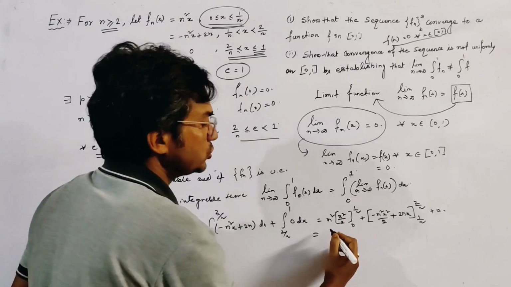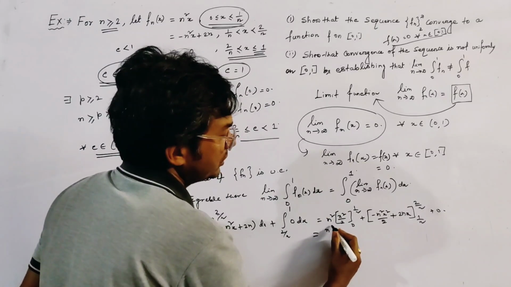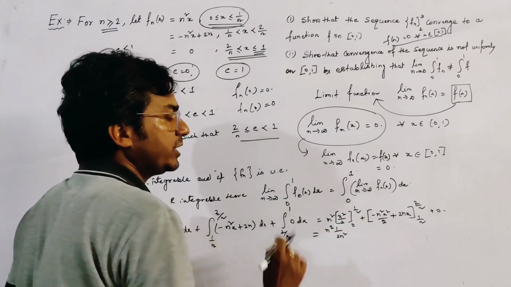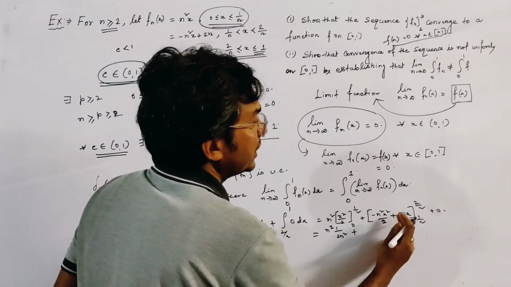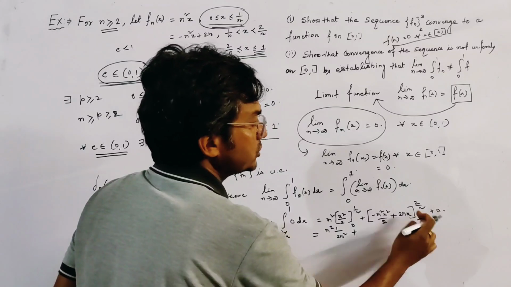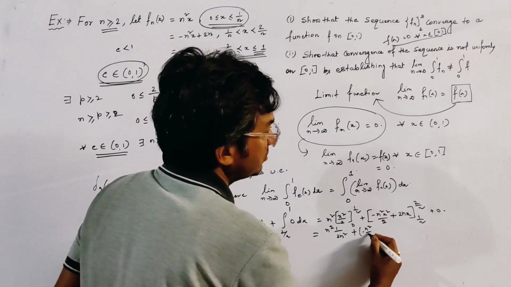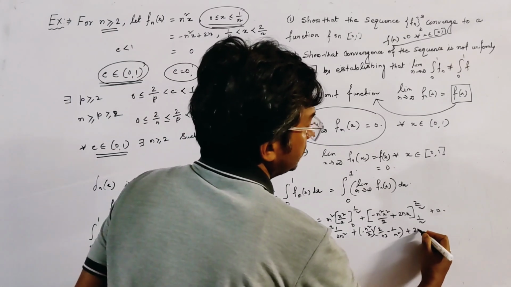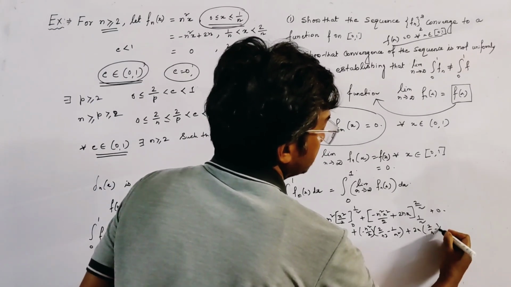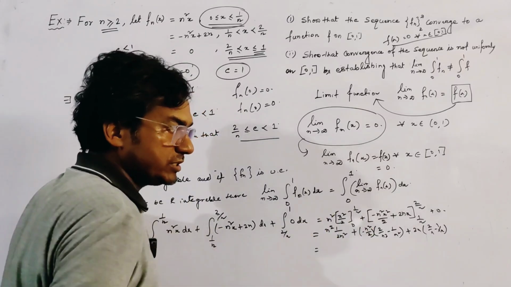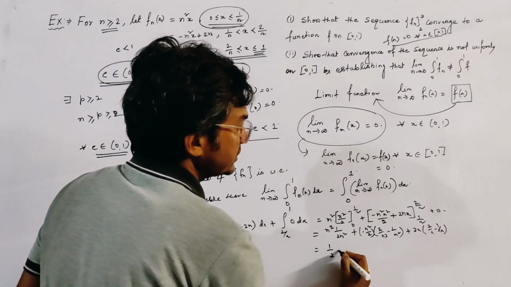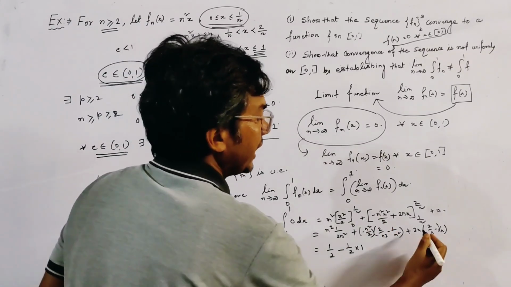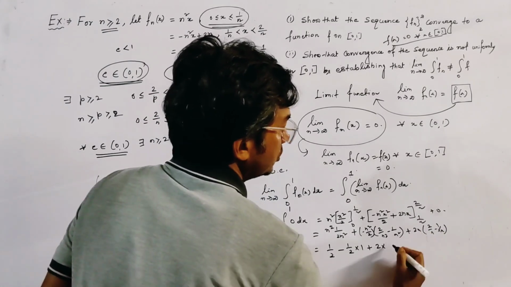By putting the range we get n square into 1 by 2n square, because the upper range of x is 1/n, plus, we put 2/n with lower range 1/n, so we get minus n square by 2 into (2/n) square minus (1/n) square, plus 2n into (2/n minus 1/n). The first result is half, then minus half into 1, because this is 1 by n square, and also plus 2 into 1.